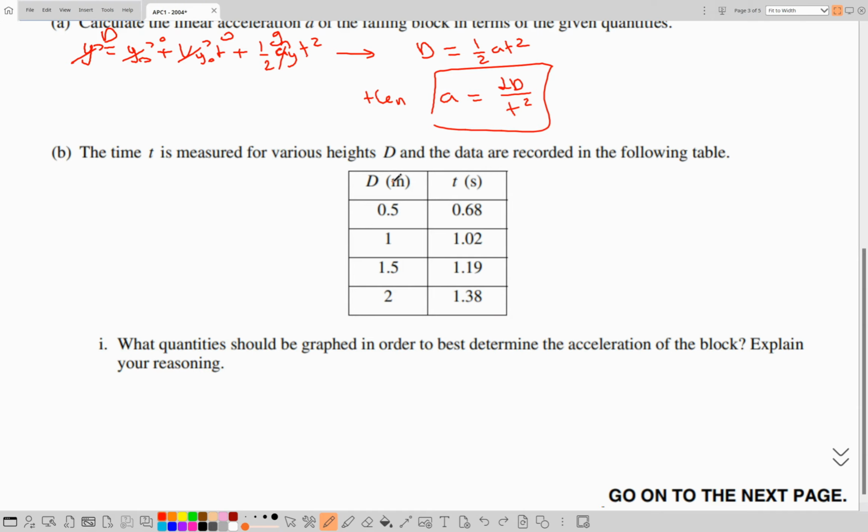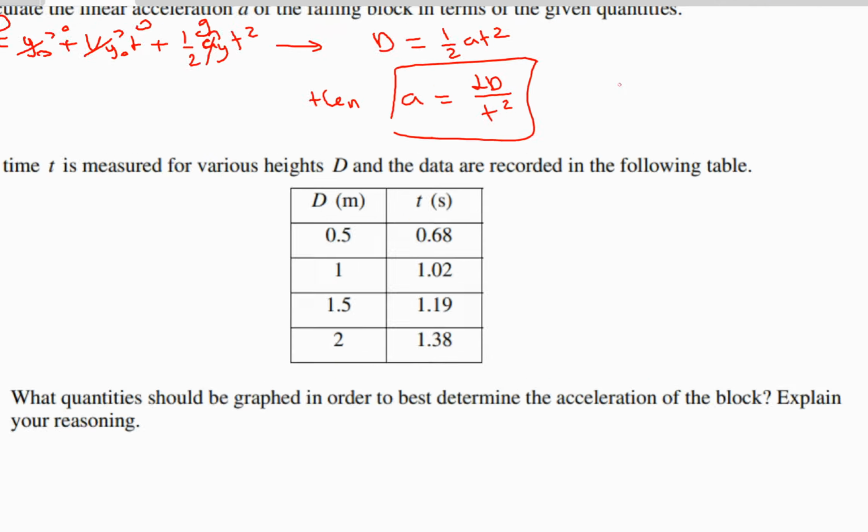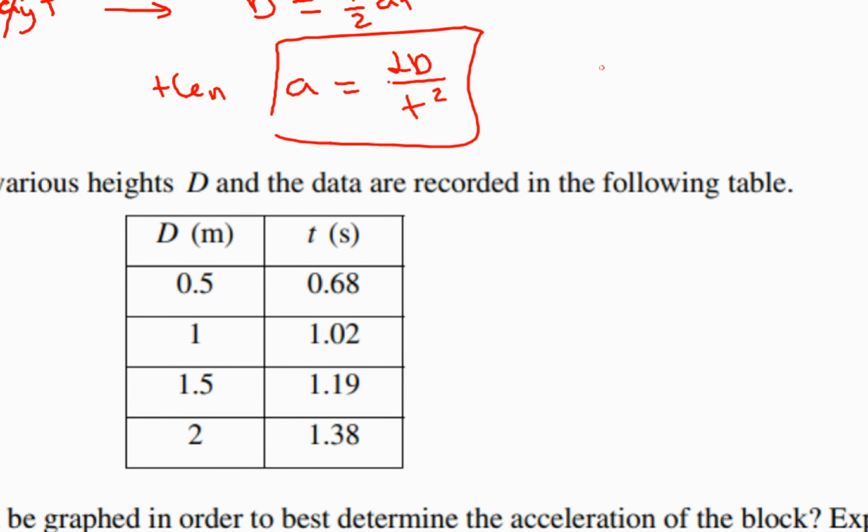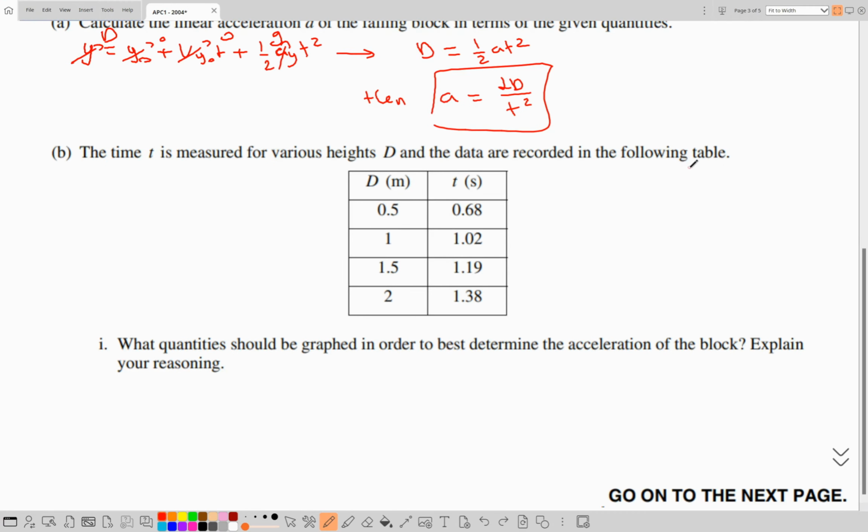Now, since we have the variables d and t, one suggestion would be to isolate d as a function of t, and this would be given by d is a divided by 2 multiplied by t square. If d is identified by y and t square is identified by x, then the slope is equal to a over 2. Then we can determine the acceleration by multiplying by 2.